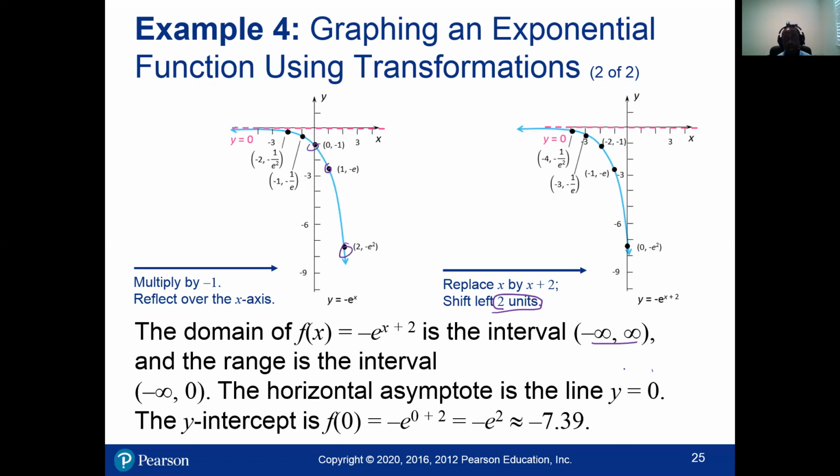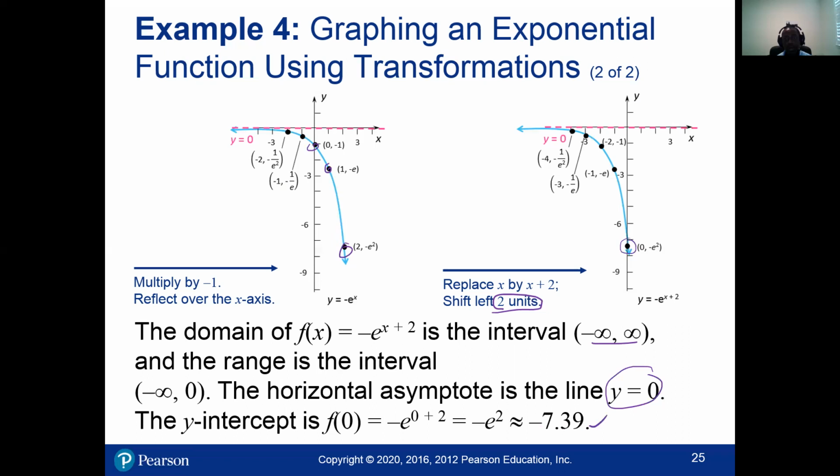The horizontal asymptote is the line y equals 0. The y-intercept is when you plug in 0 for x, and we got this point, because we shifted it to the left.